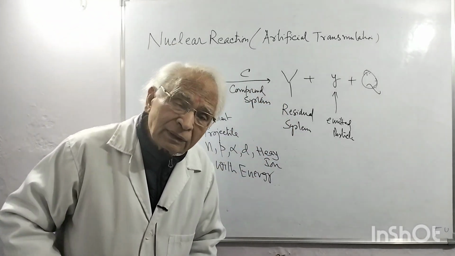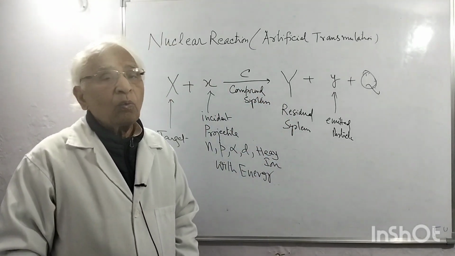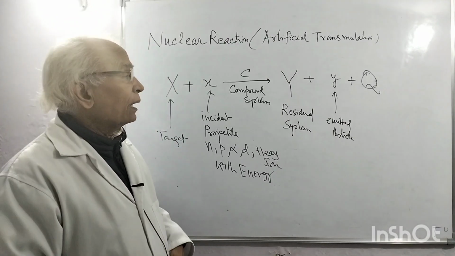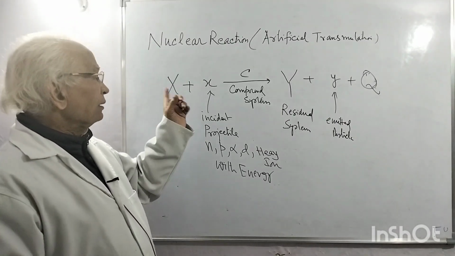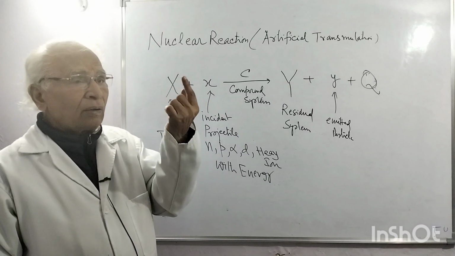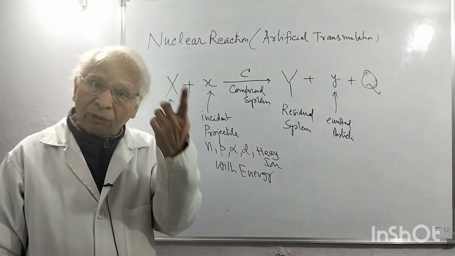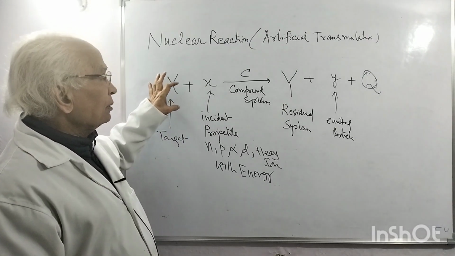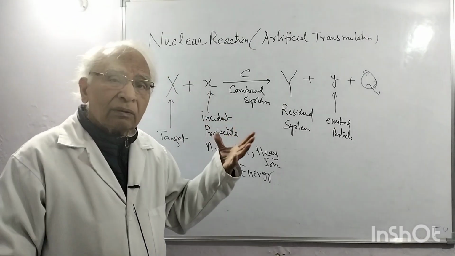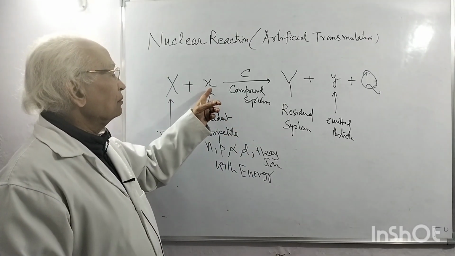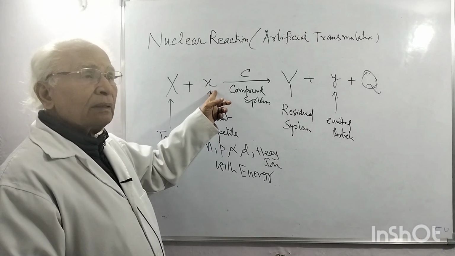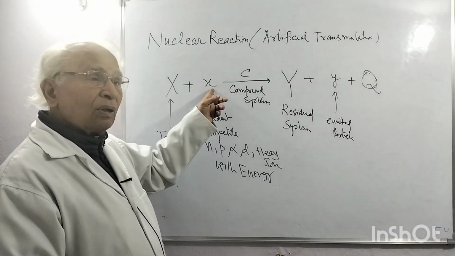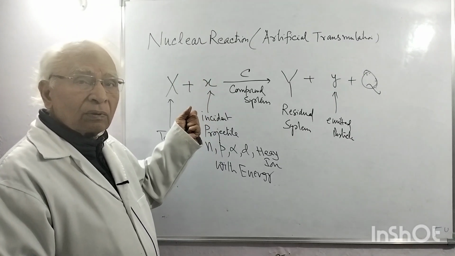So nuclear reaction is a process where one nucleon or more than one nucleon collide with another system. The target can be one nucleon, like hydrogen, or a combination of nucleons.